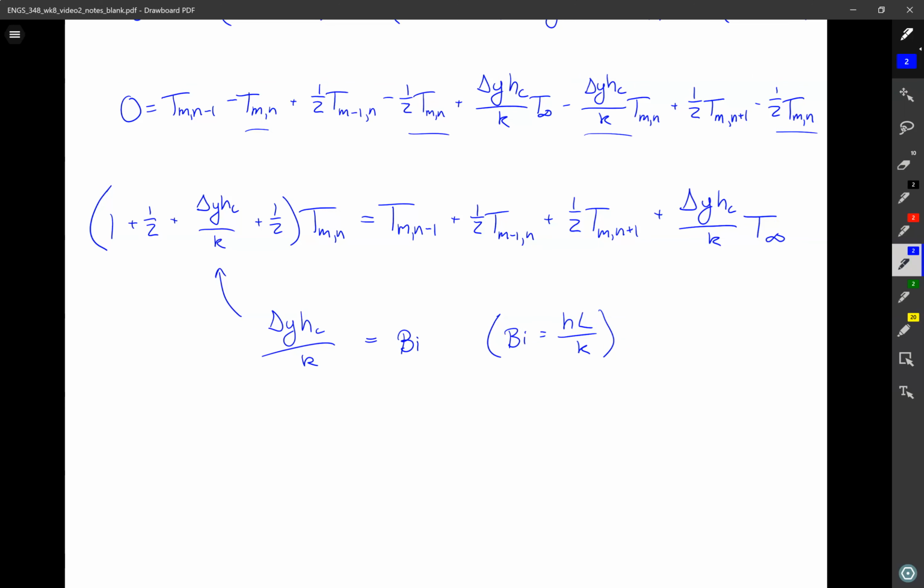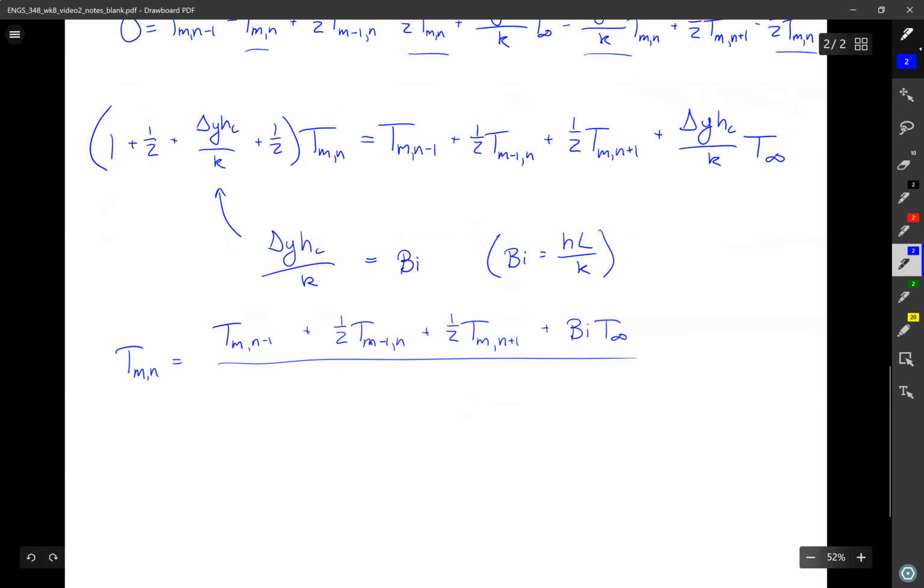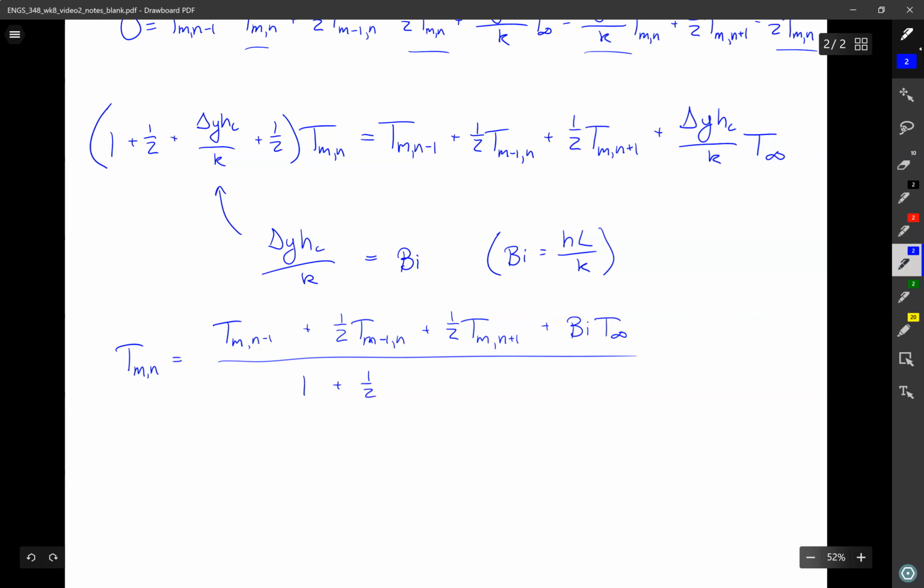And if we look at what our final solution is, if we solve for T_m,n, T_m,n equals T_m,n-1 plus 1/2 T_m-1,n plus 1/2 T_m,n+1 plus the Biot number times T infinity, all over 1 plus 1/2 plus 1/2 plus Bi.